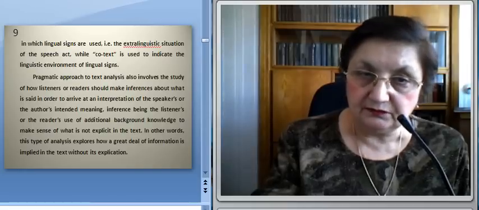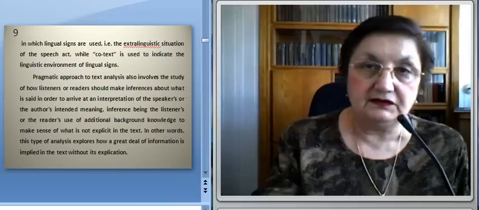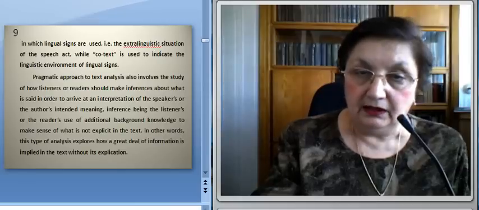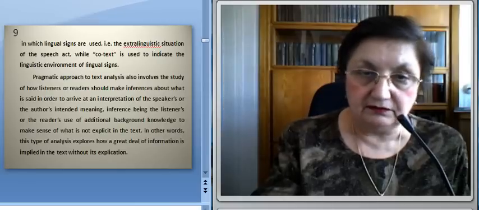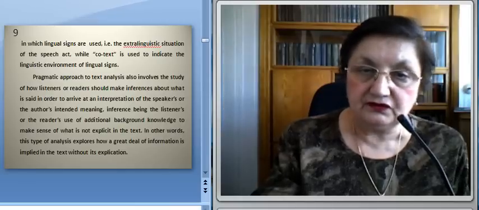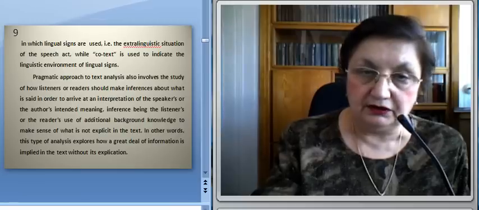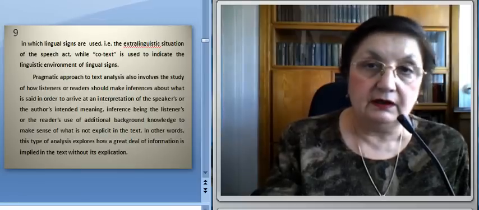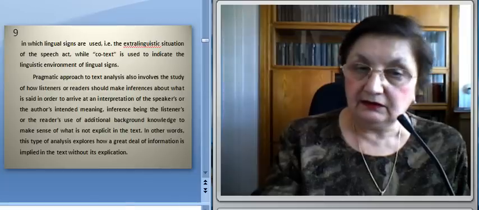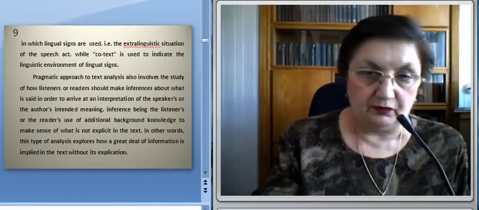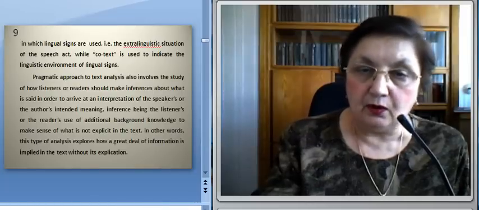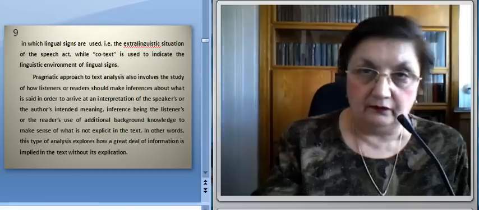Inferencing is the listener or the reader's use of additional background knowledge to make sense of what is not explicit in the text. In other words, this type of analysis explores how a great deal of information is implied in the text without its explication.